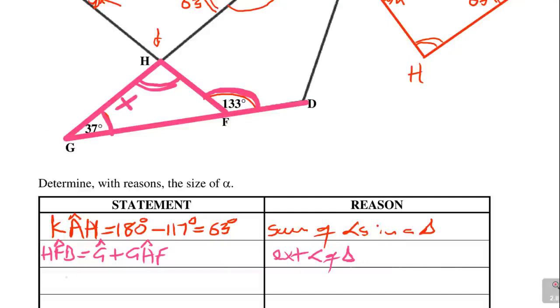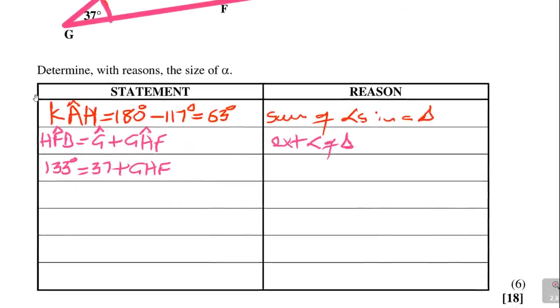Then from there, you've got 133 degrees is equal to G, which is 37, plus GHF. So you take 37 to the other side. 133 minus 37 is equal to angle GHF, because we want that.